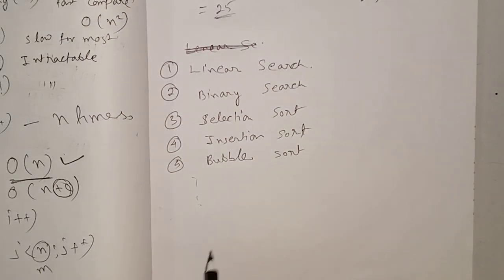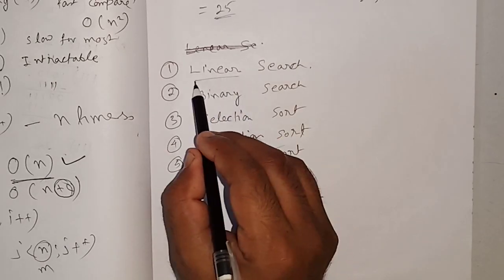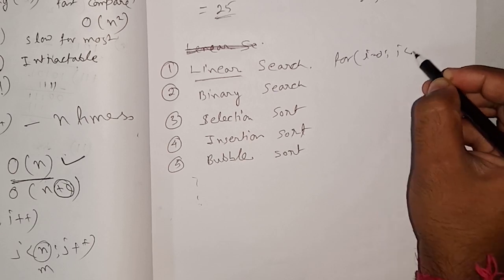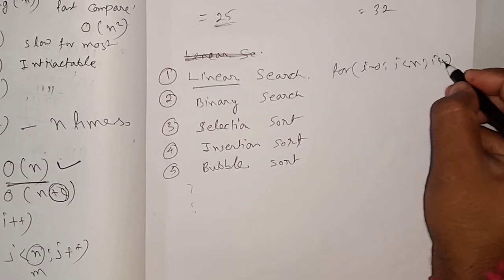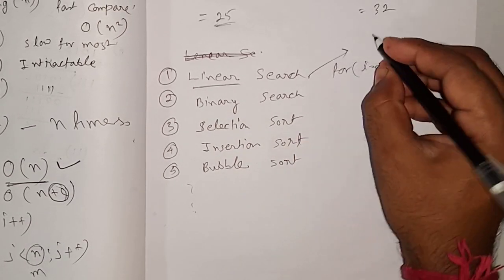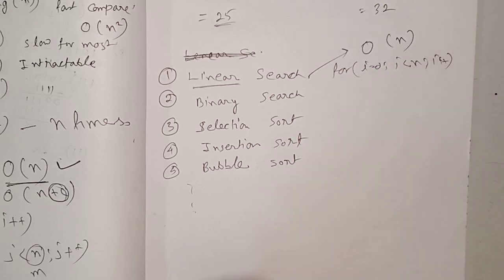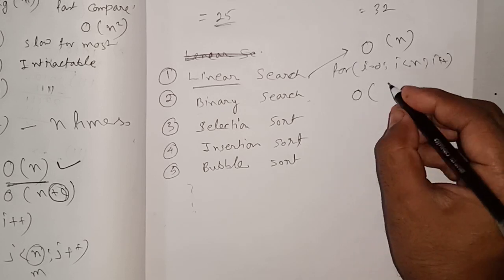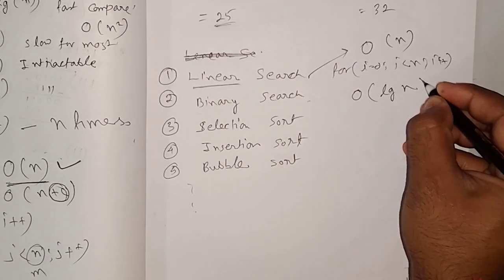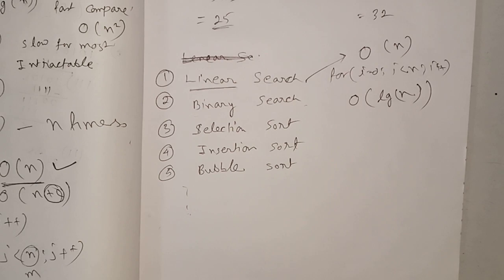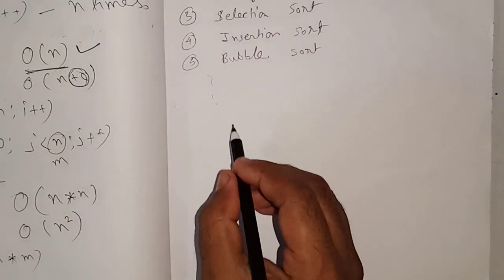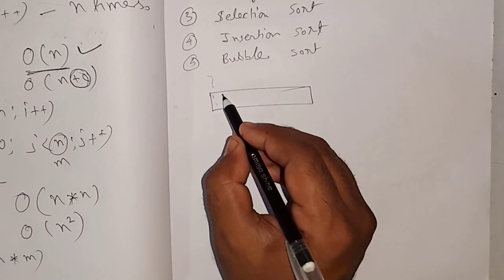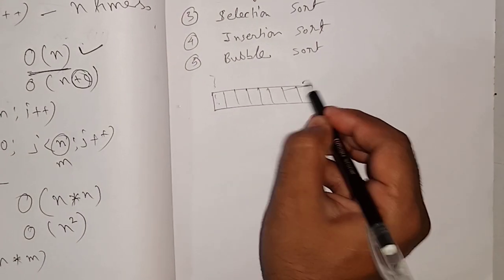When we are doing the linear search, it will work on for i equal to 0, i less than n, i plus plus. That's why we can say the complexity of linear search is O(n). For binary search, it is O(log n). Why log n? In linear search, we start from the first position to the end position.